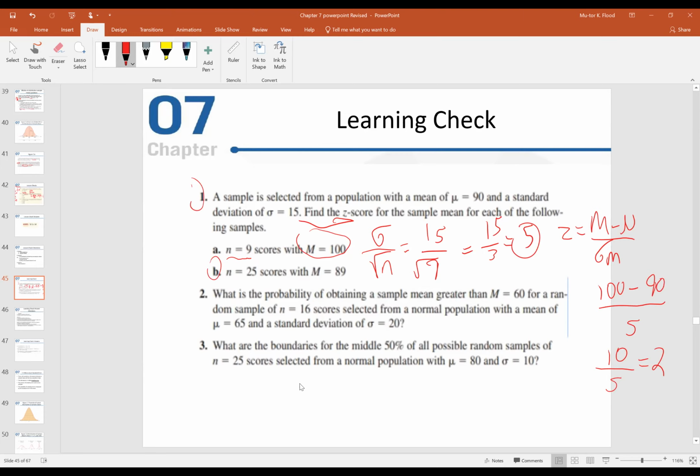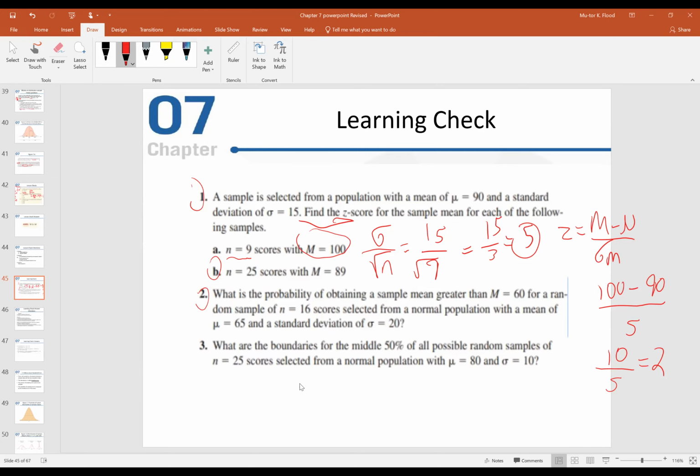All right, number 2 is asking us, what is the probability of obtaining a sample mean greater than 60 for a random sample with 16 scores selected from a normal population with a mean of 65 and a standard deviation of 20?